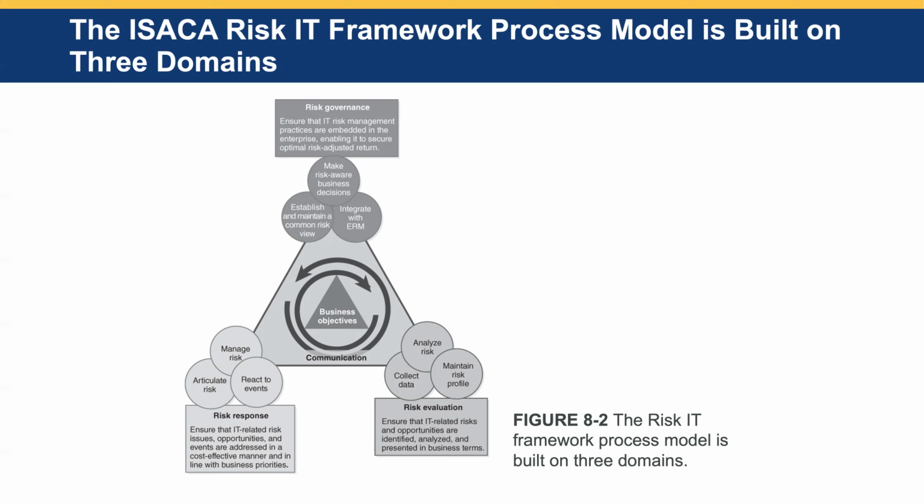Each framework that is chosen needs to be able to maintain appropriate governance, evaluation, as well as an appropriate response for any risks or problems that are likely to occur.